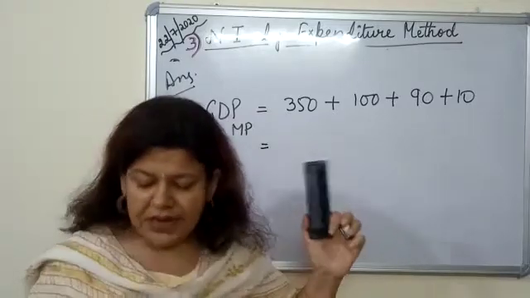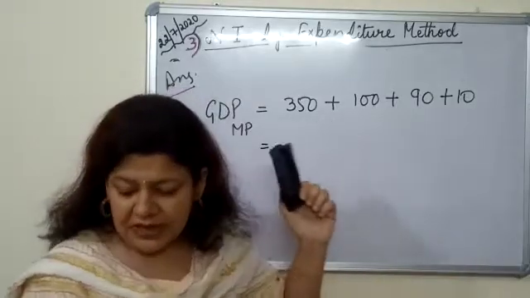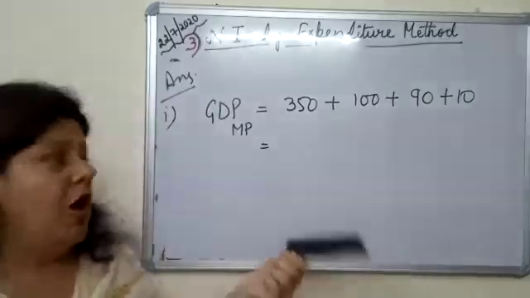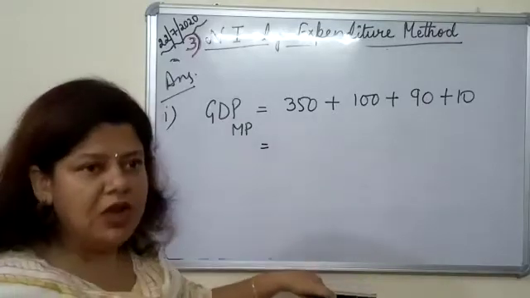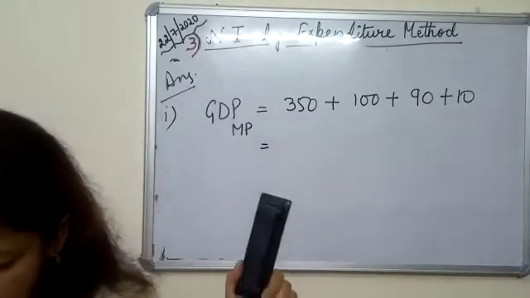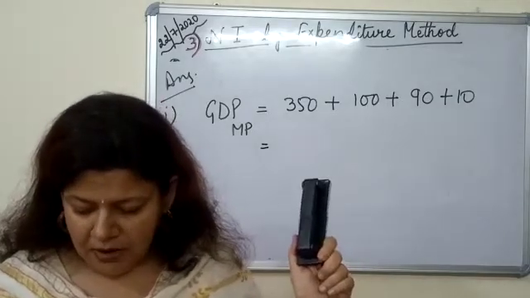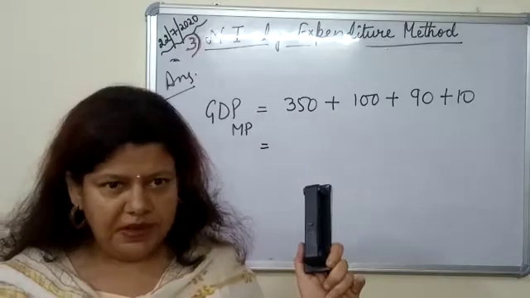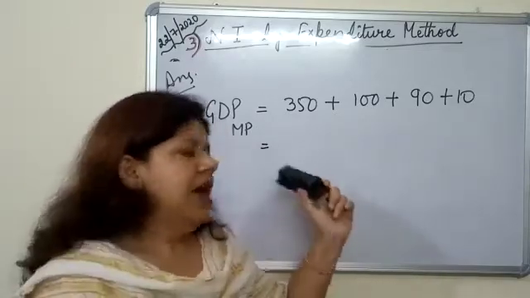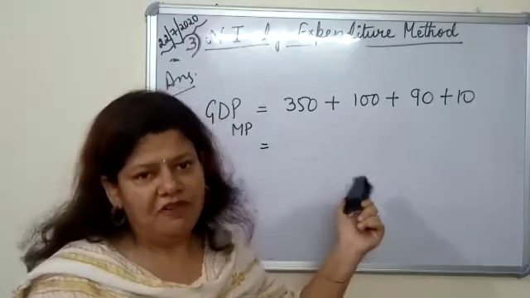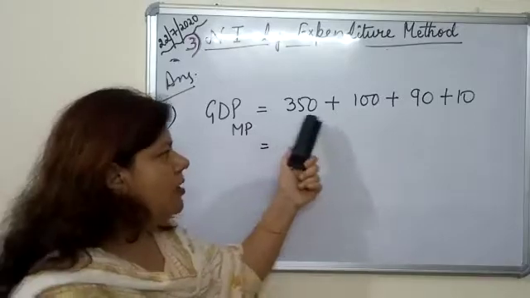And we are not taking NFIA because it is domestic, it is not your national income. So we have to convert it into national income. So NIT will not be taken, depreciation we will not be taking, NFIA we will not be taking because we have to calculate domestic. The others we have already taken.